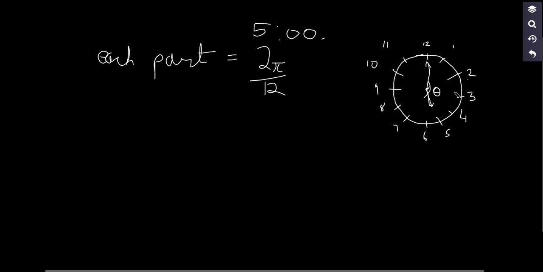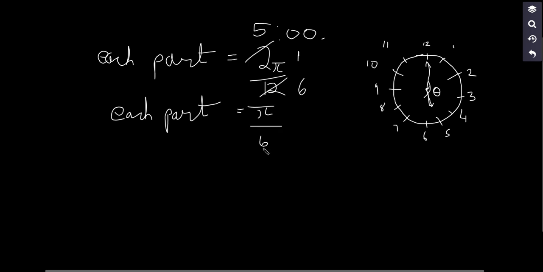Then if the circle is divided into 12 equal parts, then 2 pi by 12 corresponds to one part, each part. So 1/6, so each part is pi by 6 radians.